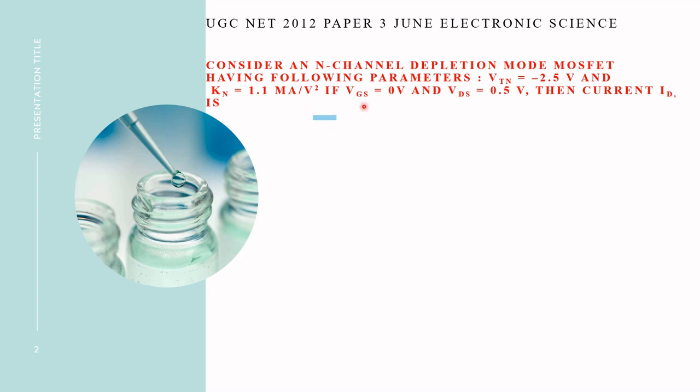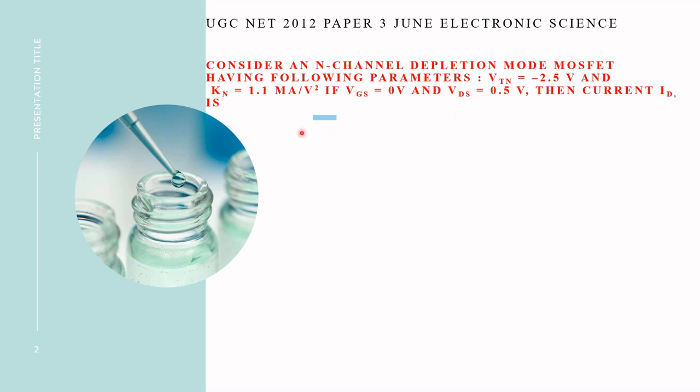If VGS equal to 0 volt and VDS equal to 0.5 volt, then what is the drain current? This problem is from UGC NET 2012 paper 3 June Electronic Science. So how do we solve this problem? Here the given values are Kn, VGS, VDS and VTN.